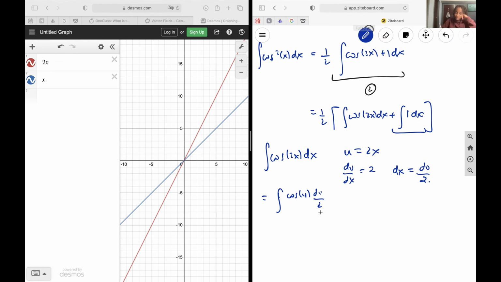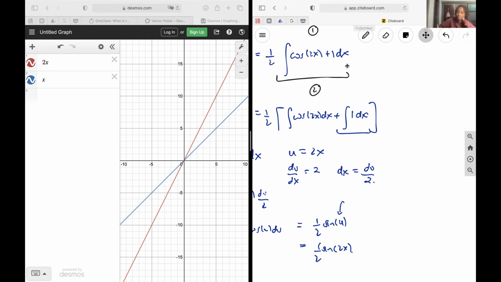Pull out the 1 over 2 using the first property we talked about. And we know that the integral of cos u is going to be sine u. So this will become 1 over 2 sine u plus c, but we're going to add the plus c at the end. So this will just become 1 over 2, substitute back in your 2x, sine 2x. And so when I put that all together, I'll get that this is equal to 1 over 2 times (1 over 2 sine 2x plus x).